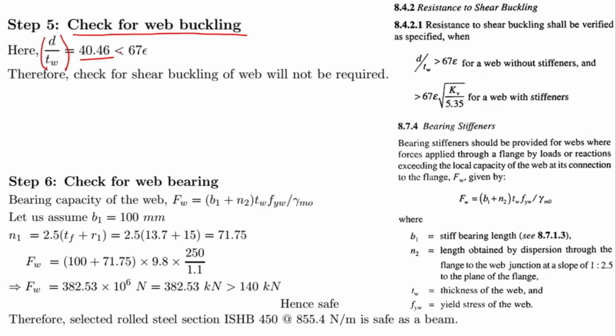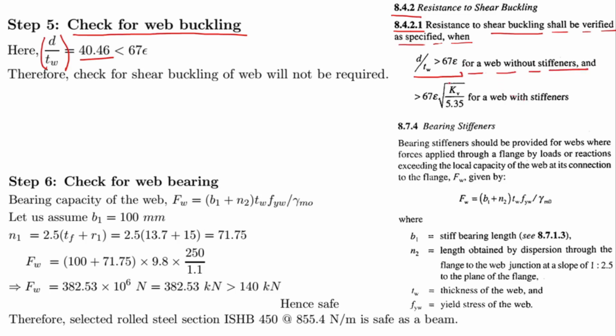Now for the web buckling we have to follow the clause number 8.4.2. Under that clause in 8.4.2.1 it is given that resistance to shear buckling shall be verified as specified when D by TW greater than 67 epsilon for web without stiffener.